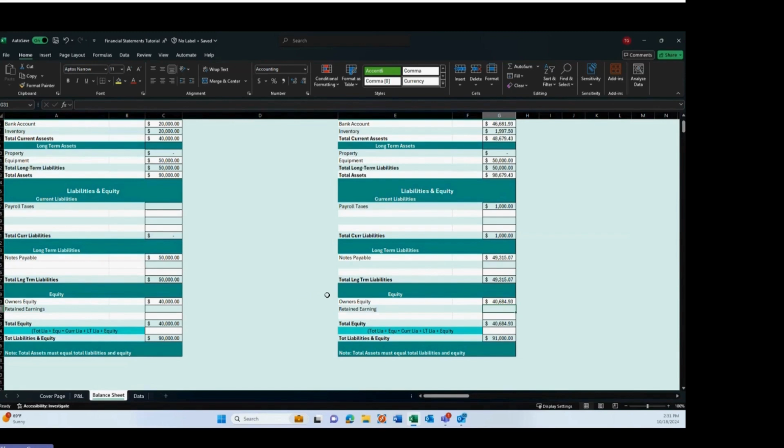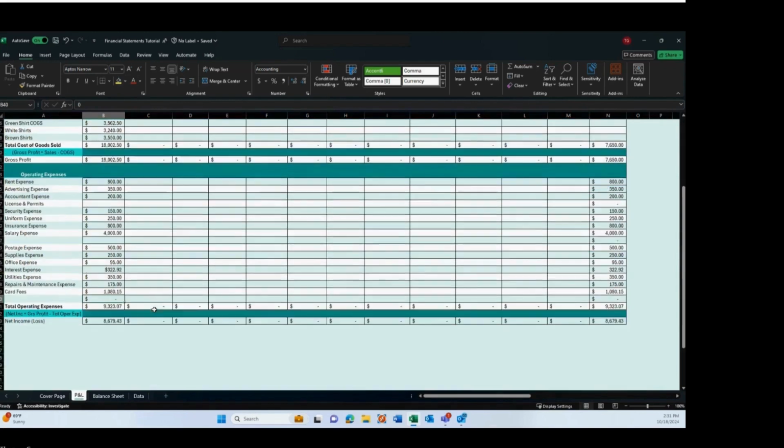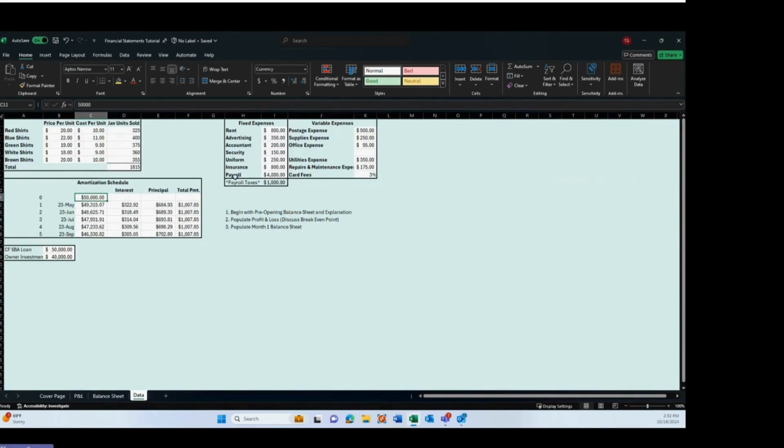But there's one other little piece that we do need to add into that. Now, if we go over to our profit and loss, scroll down, we see that our net income was $8,679.43. However, if we go over to our data, we still have those payroll taxes of $1,000 that have to be paid, but haven't been paid yet.